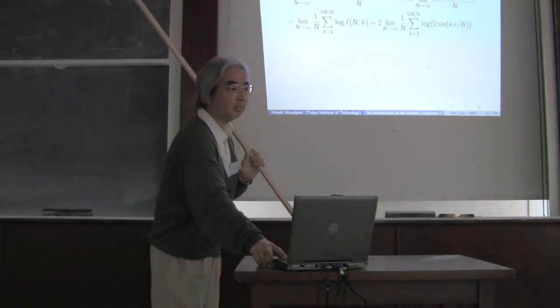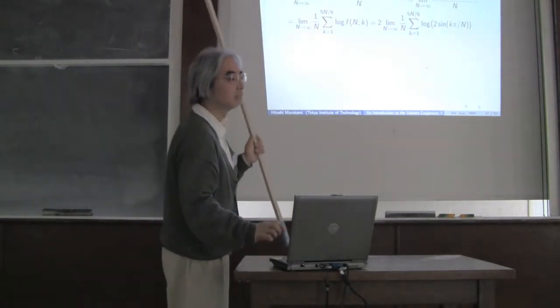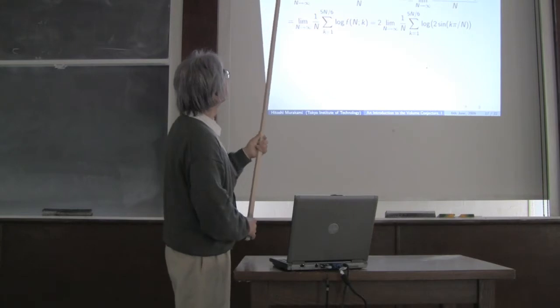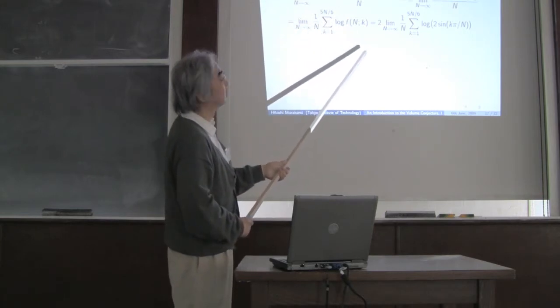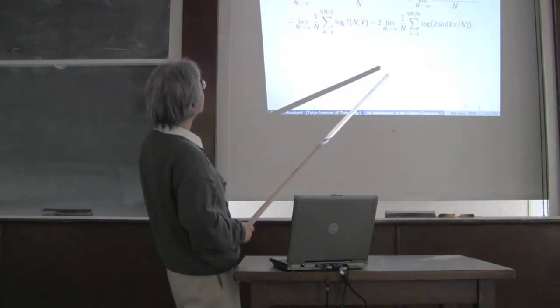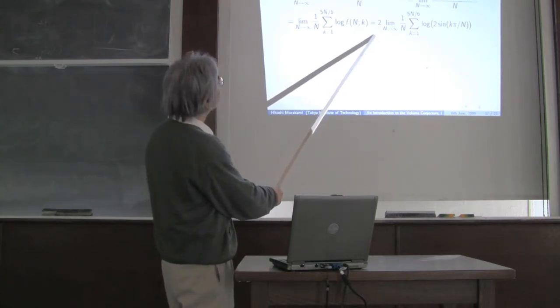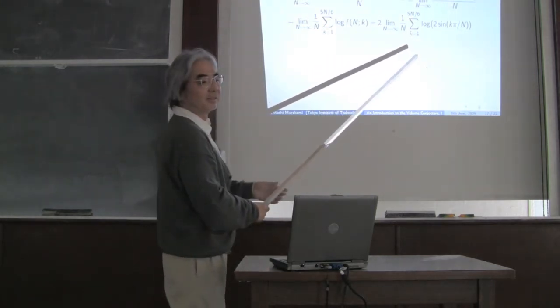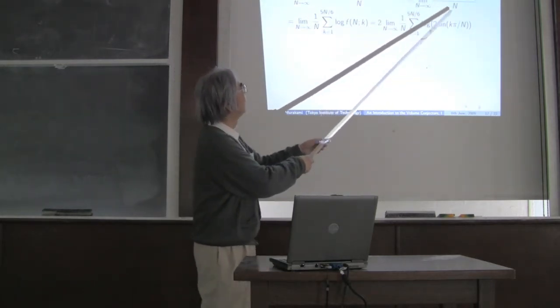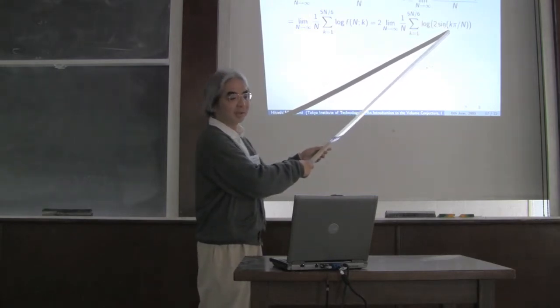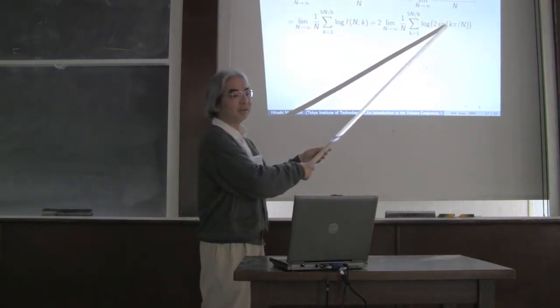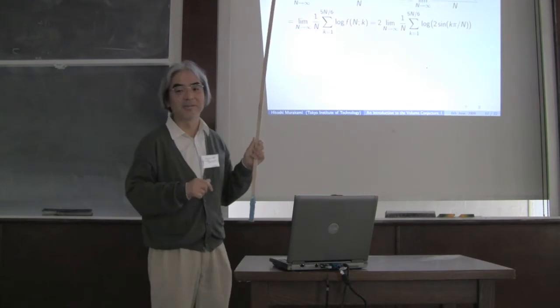That 2 should be 2 log of sine. So 2 comes here and makes 4 and sine squared, which is the formula of the F function. F function is 4 times sine squared.